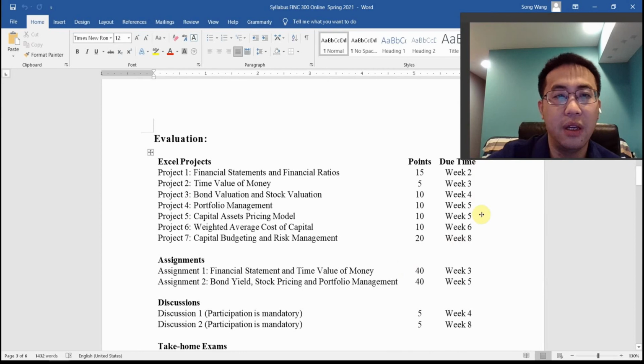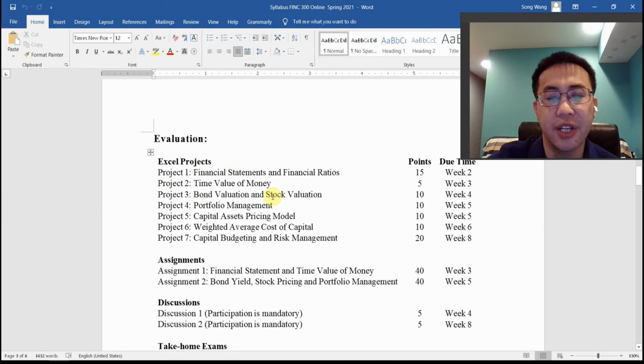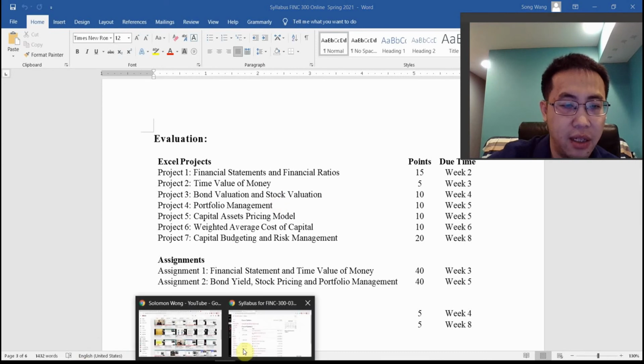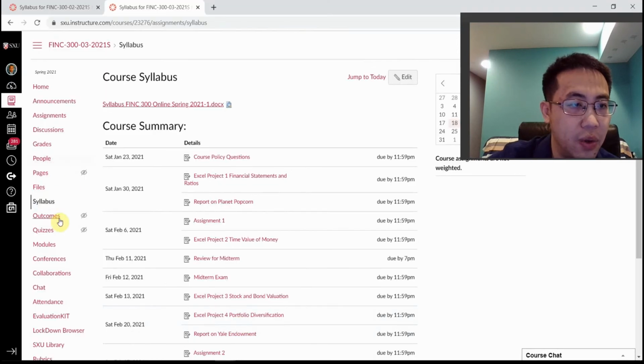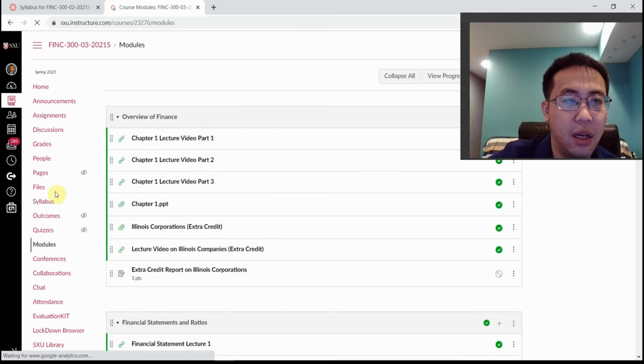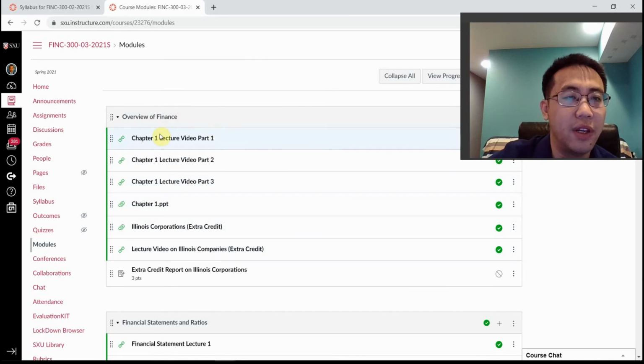Okay, so here is a list of your assignments. The first group of assignments are Excel projects. These Excel projects are just simple replications of what I do. So what do I mean by that? If you look at this Canvas, you will see the modules right here. These are the modules for the entire course, and you will have different modules.